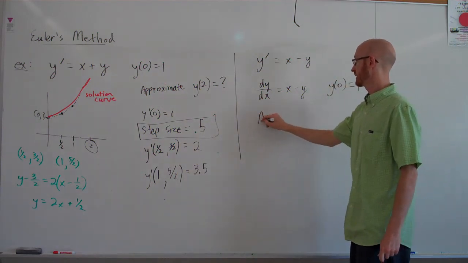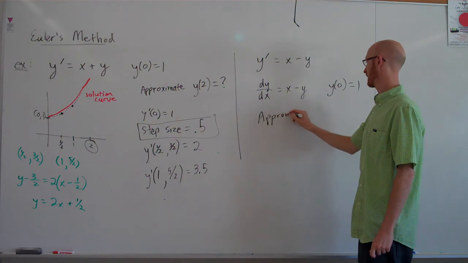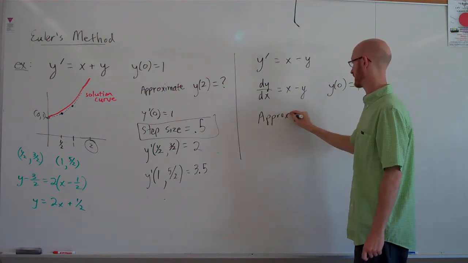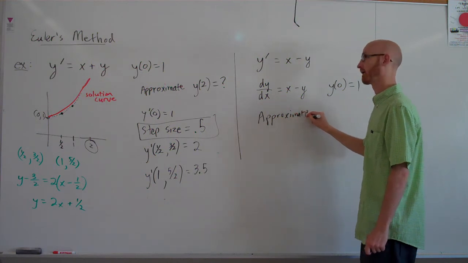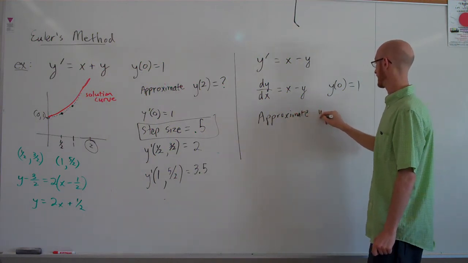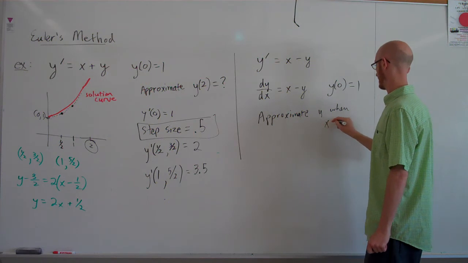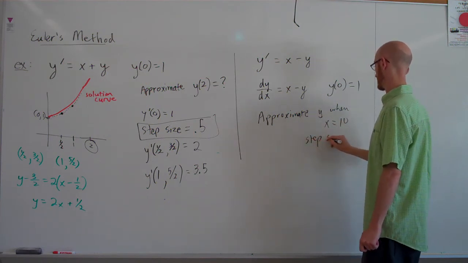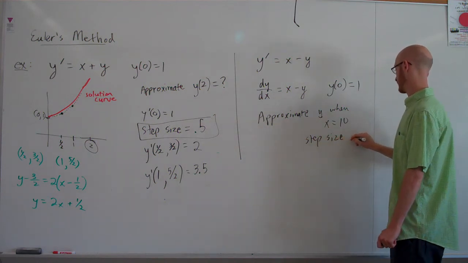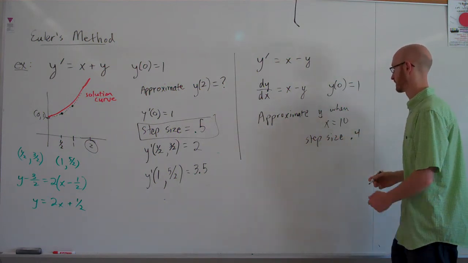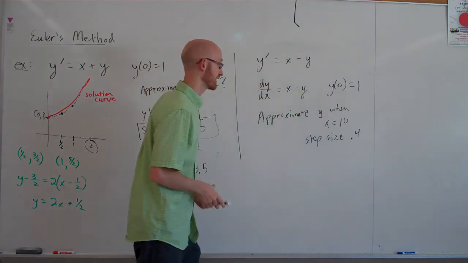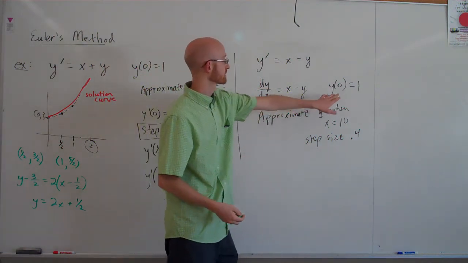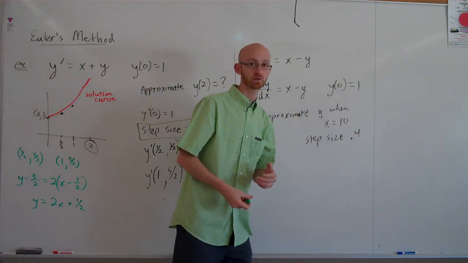And they might say approximate y when x equals 10 with step size 0.4. So in this case, it's going to be a lot of steps. You have to keep going up 0.4, starting from 0 all the way until you get to 10.